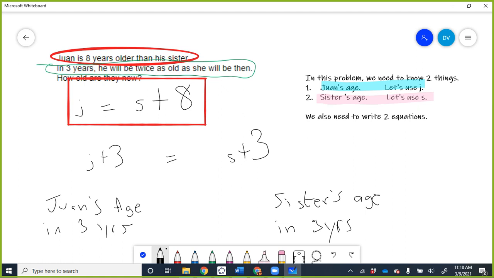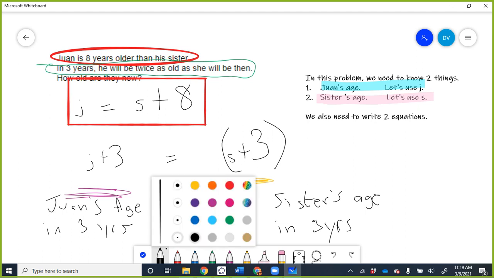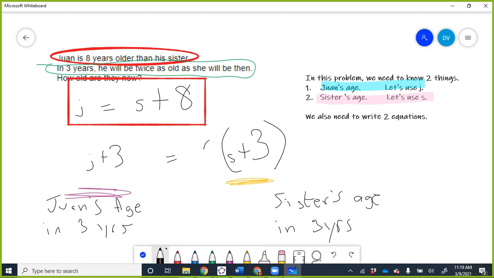It says Juan's age, let me use purple here, will be twice the sister's age. So to express that, we need to say Juan's age in 3 years, the part I underlined in purple, is going to be 2 times, twice. So we need to put a 2 there. That's going to be our second equation.